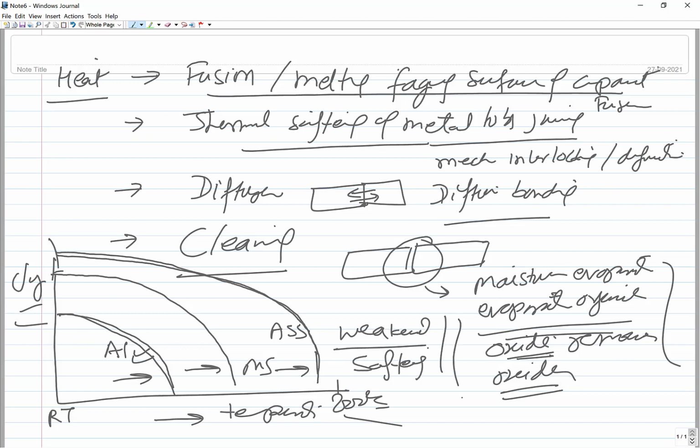This softening is good for deformation. So in solid state joining, if softening is happening, it will help in good interfacial deformation, interfacial mechanical interlocking, mixing, and good metallic bonding. All those things will be helpful if there is a rise in temperature of the components due to the application of heat.